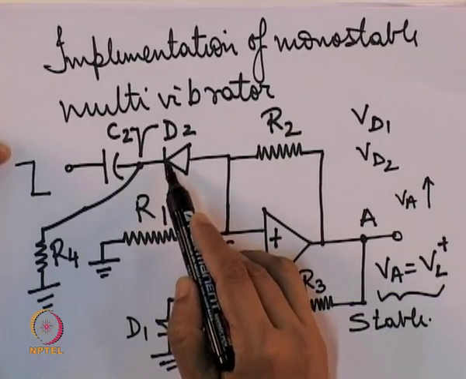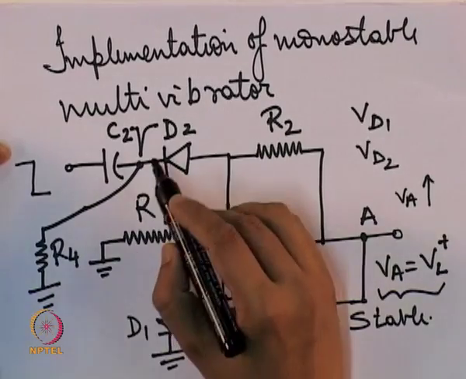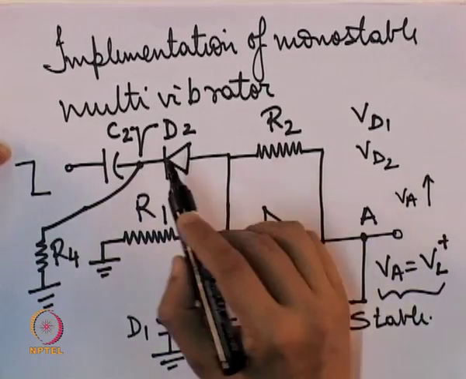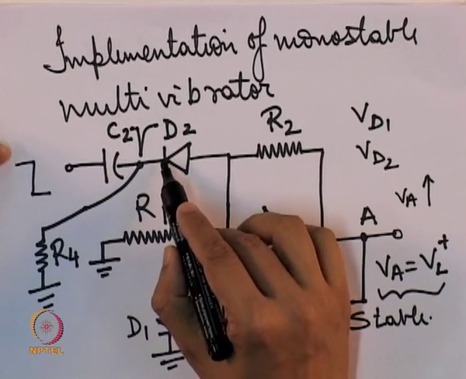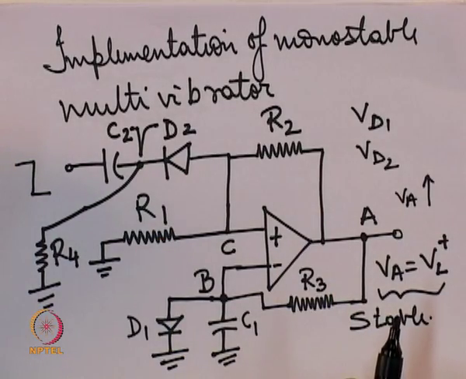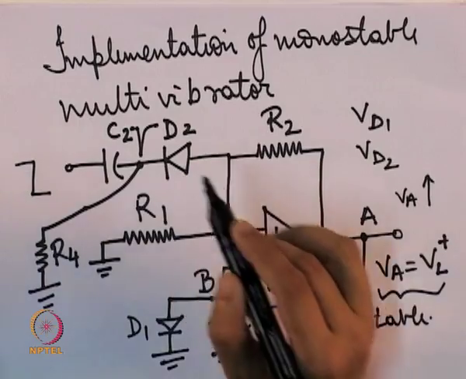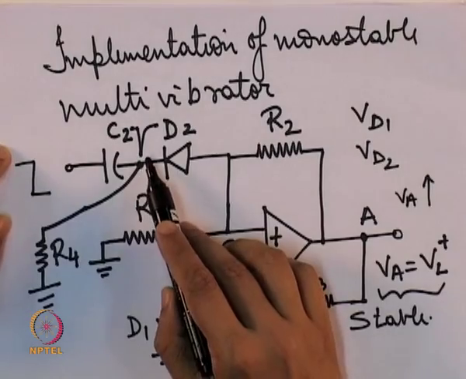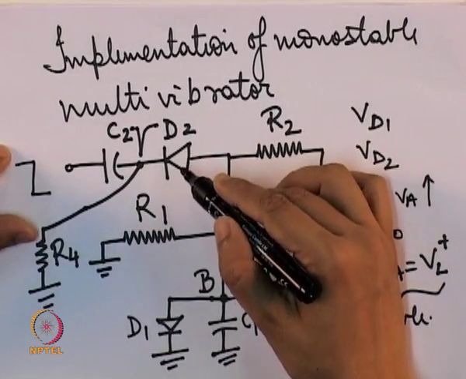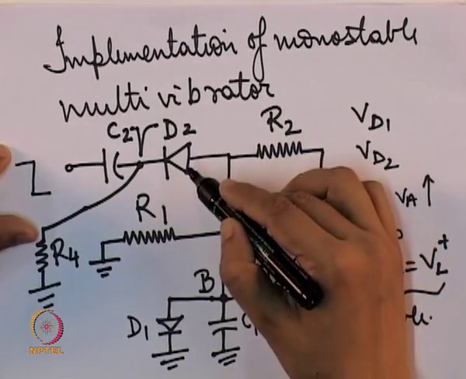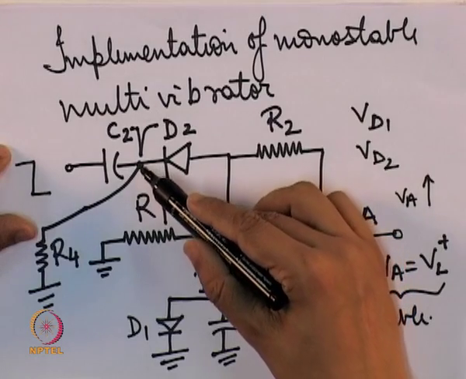The voltage at this terminal of D2 will be a sharp pulse like this, a kind of negative spike.